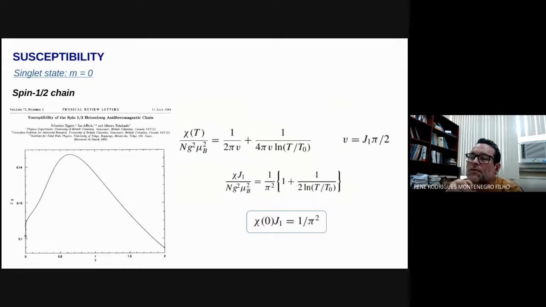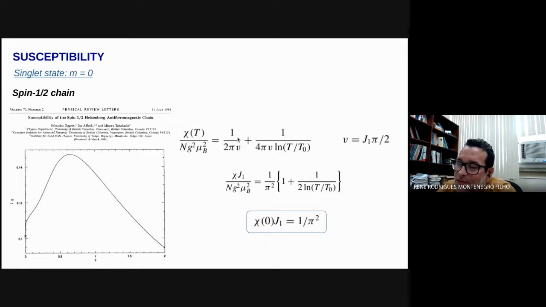Now I will discuss the magnetic susceptibility and start from the magnetic susceptibility of the singlet state. And we start talking about the spin 1/2 chain susceptibility. The behavior of the magnetic susceptibility of the spin 1/2 chain was studied, and there is a closed formula for it.